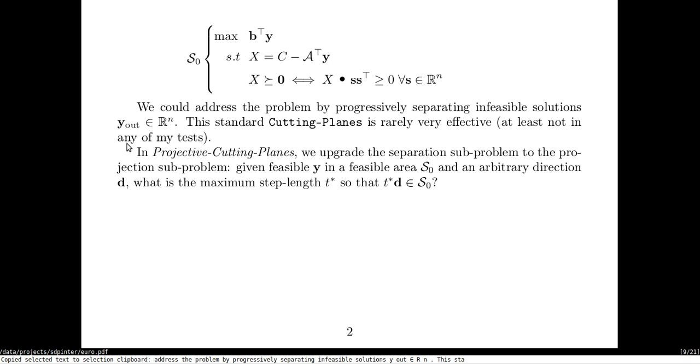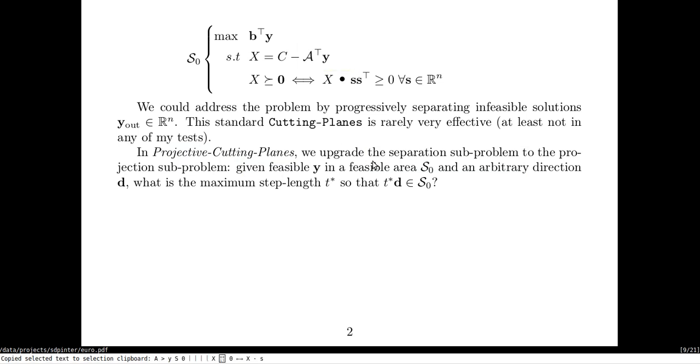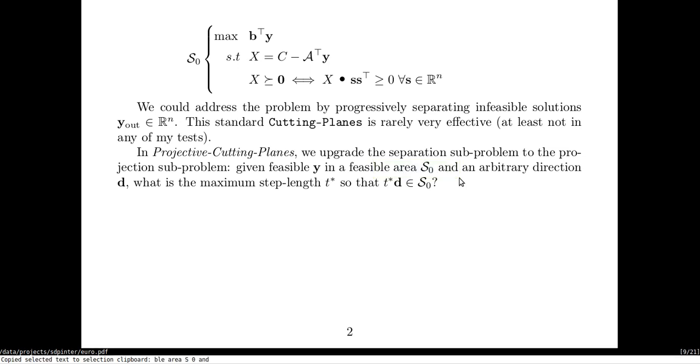So as I said in the linear programming part, in the new method called projective cutting planes, instead of the separation subproblem, we have the projection subproblem. Given some feasible y in the feasible area, what does feasible area mean?